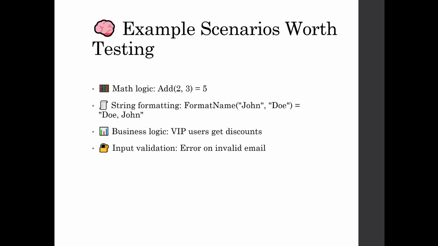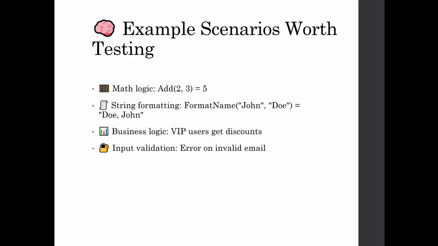All right, so in closing here, example scenarios, things you want to think about testing, right? Anytime we have math logic, these ideas like adding two numbers together, do we get the correct result? Remember, just because you get a result from a mathematical computation does not mean it's correct.